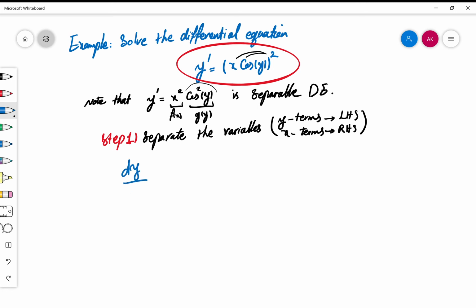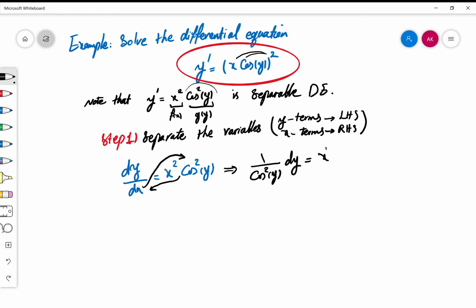By the way, when it is separable, instead of y prime, it's better to write dy dx, and then I can write x squared cosine squared y. So I can bring cosine squared to the denominator and multiply dx up there. So in other words, I can write it as 1 over cosine squared y dy equals x squared dx.